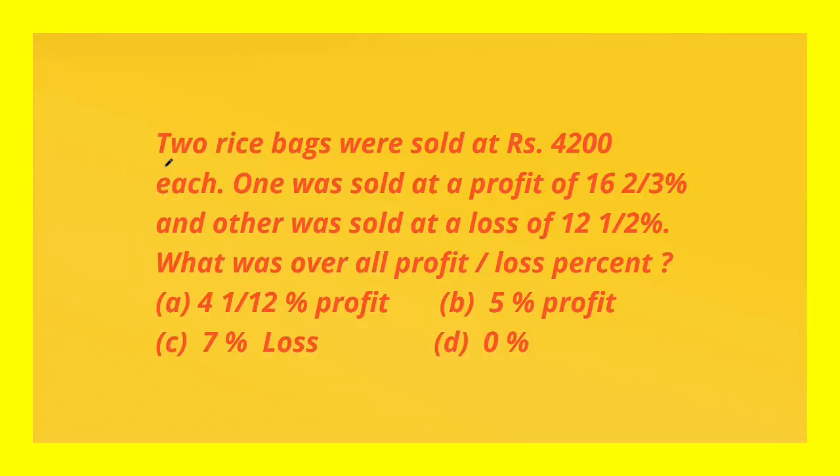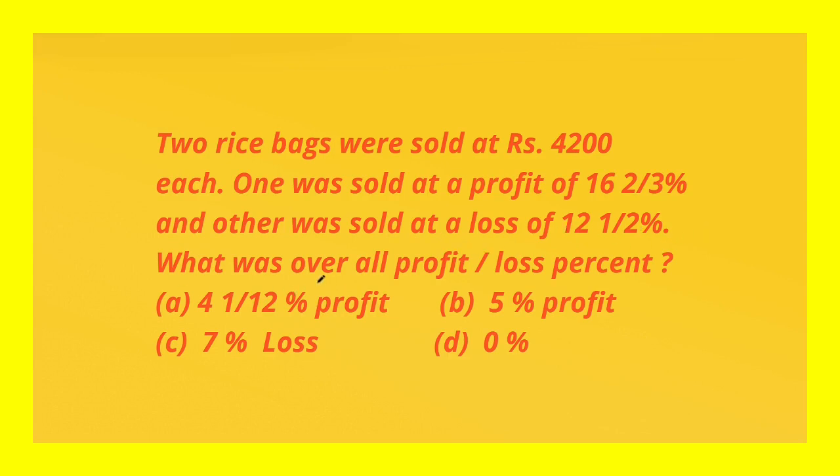Thus there is a loss of 250, and as per the given options, our answer is option C. We go to the next question. The question is, 2 rice bags were sold at rupees 4,200 each. One was sold at a profit of 16 whole and 2/3%, and other was sold at a loss of 12.5%.